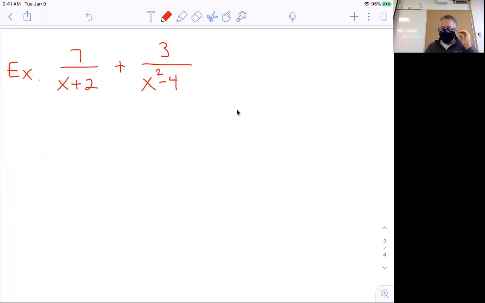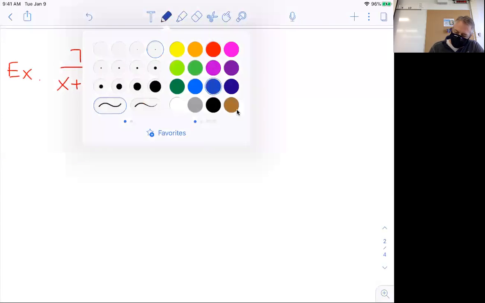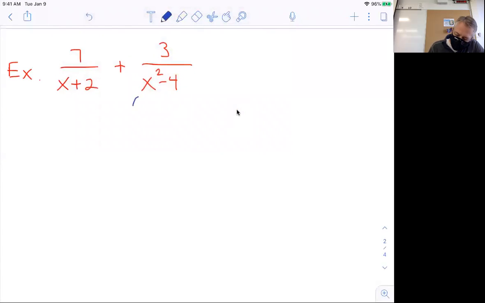All right, so we want to find a common denominator. To do that, this thing factors. So I'm going to factor that bottom right. I'm not going to write a whole new line, though. I'm just going to factor that bottom right. I know that those are perfect squares, so that's going to factor into x plus 2 times x minus 2.